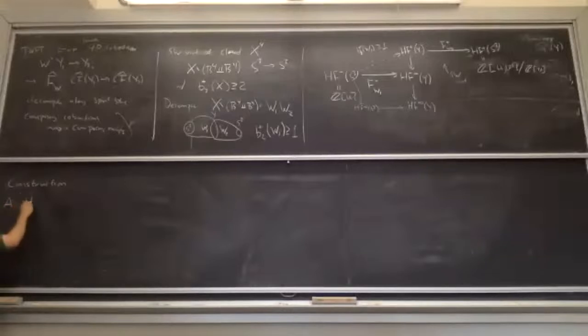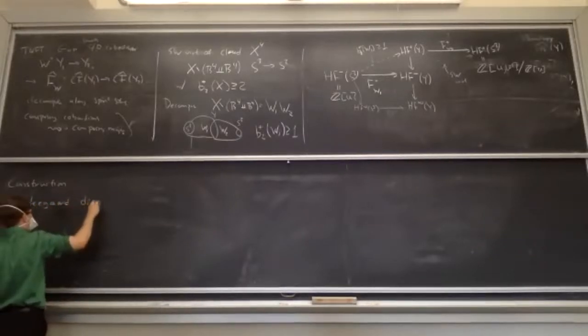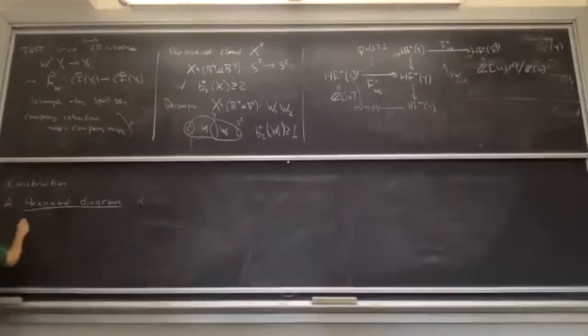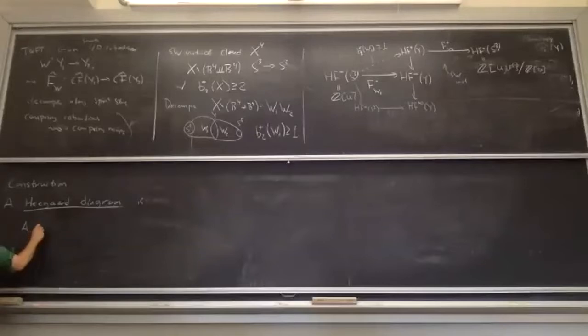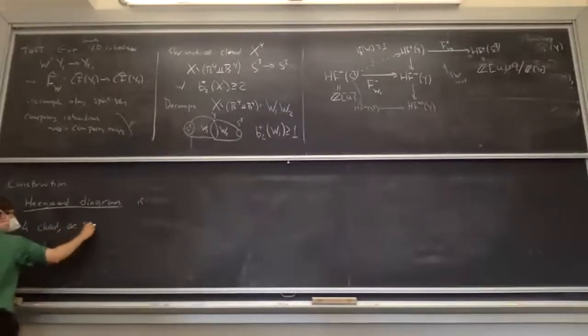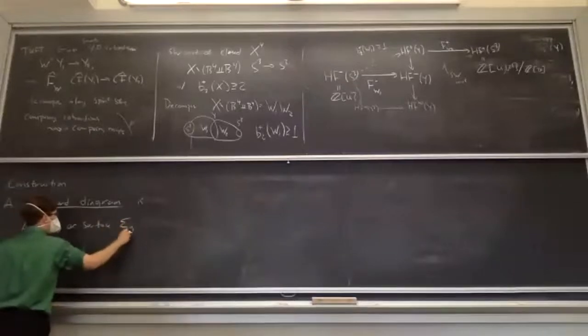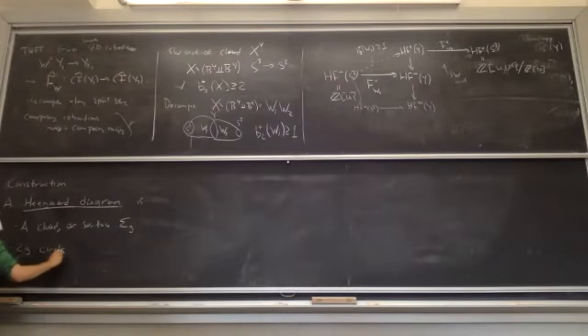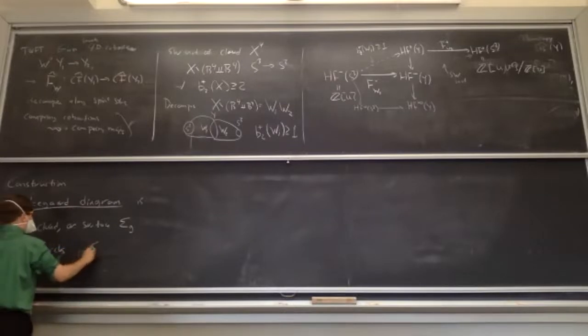Fine. Heegaard diagram. This is where the word Heegaard in Heegaard Floer comes from. It is a Riemann surface, so a closed oriented surface, sigma of some genus, and then 2g embedded circles in sigma.